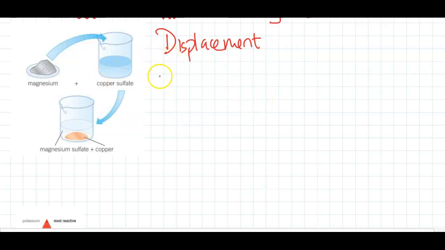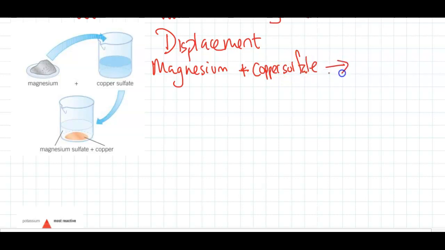Imagine we were trying to write down the word equations for what's happening here. We've got magnesium metal being added to copper sulfate, and it's turning into magnesium sulfate and copper.